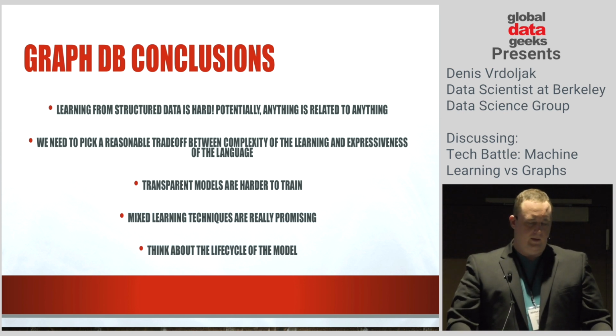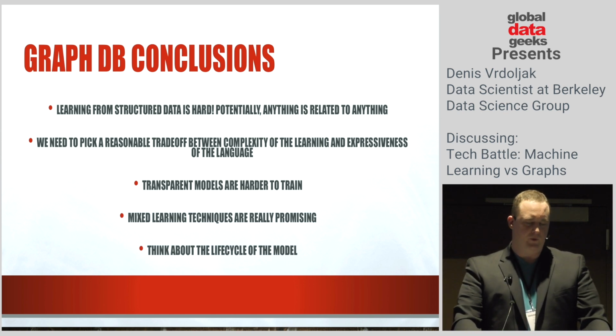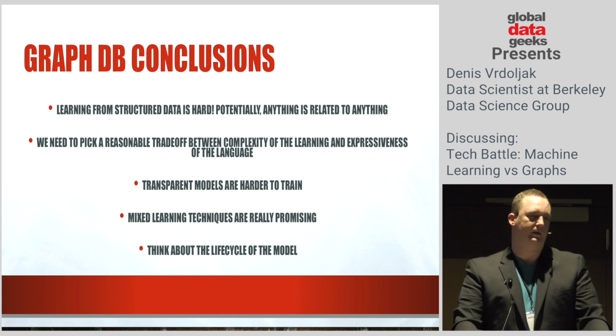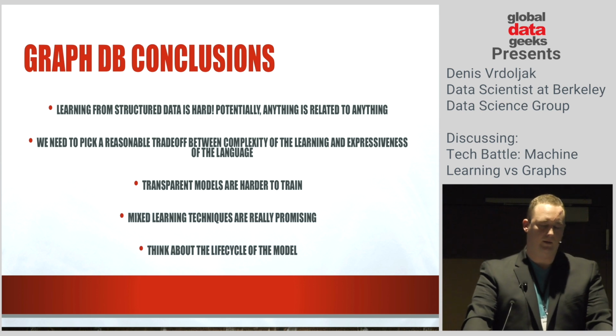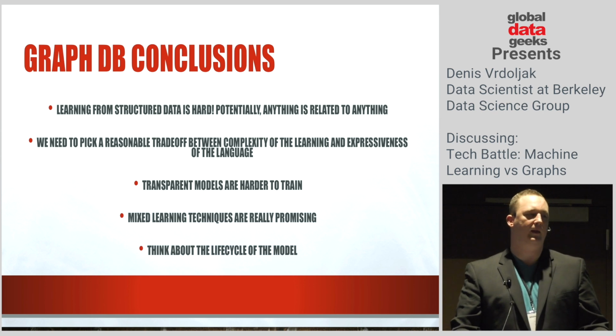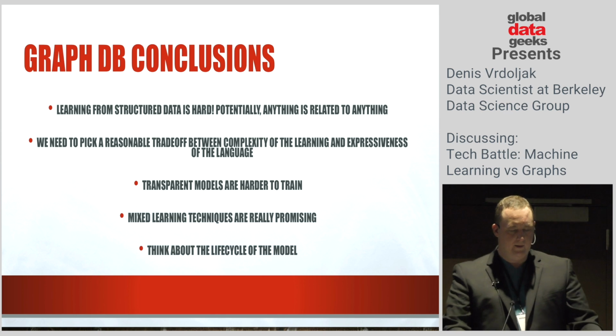So, in summary, transparent models, the ones that are easier to look into, like linear regressions or decision trees, are harder to train with large data sets. So they work well with small data sets. When you get to larger data sets, they're harder to work with. They're less complicated models, but they don't represent as much of the information gain in the data.